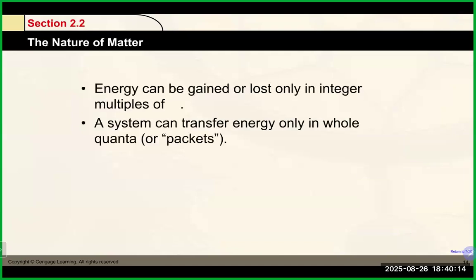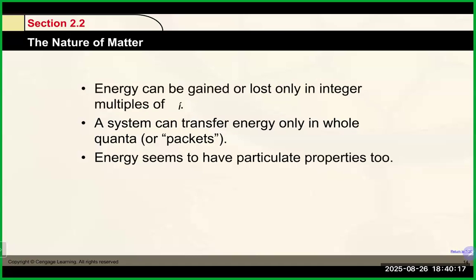So as we're talking about energy and as things transition, one of the main ideas of quantum mechanics, which is what we're talking about in this chapter, is that energy can be gained and lost in integer multiples of energy. These are sometimes referred to as quanta of energy, this packet of energy.